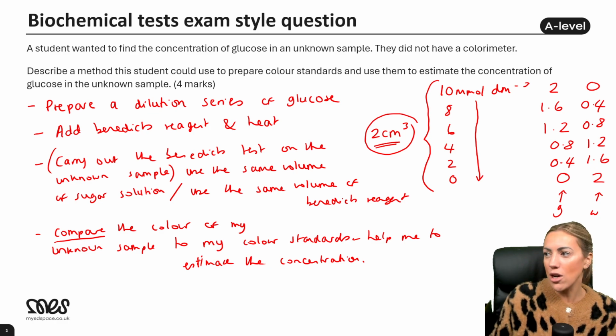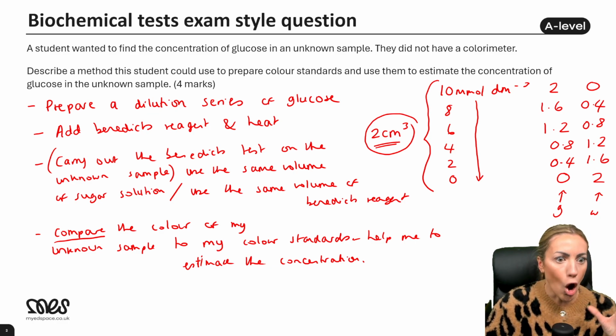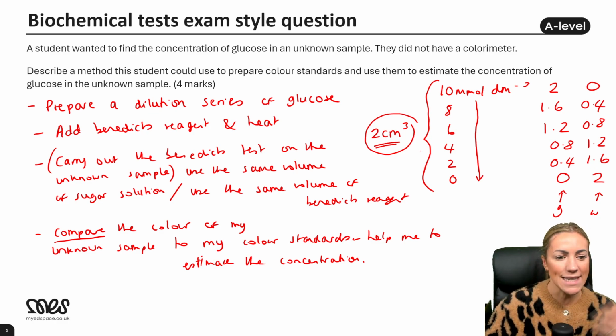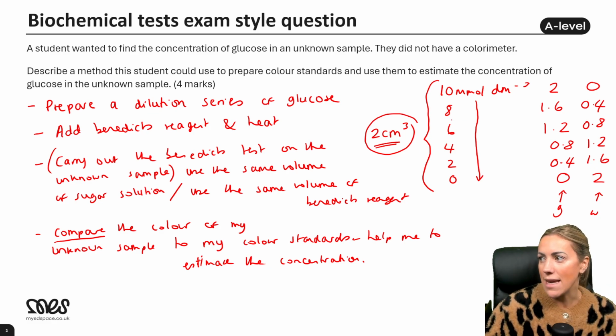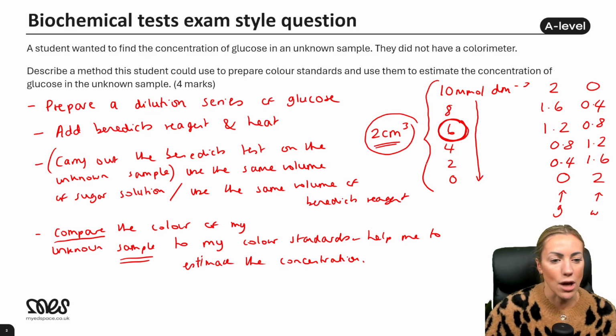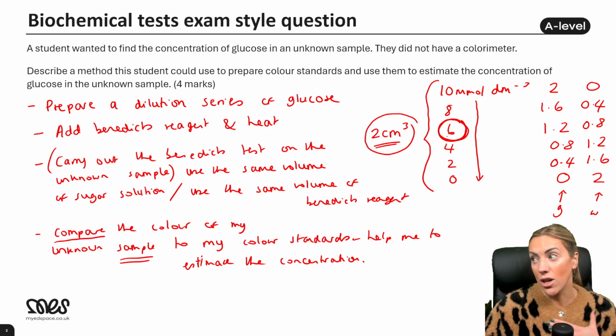So for example, if my unknown sample goes orange, and when I tested my colour standards, or when I tested my known concentrations with Benedict's, maybe it was this concentration that went orange. Okay, then I know that in my unknown sample, the concentration of glucose must be about 6 millimoles of glucose per decimeter cubed, because my unknown sample went orange, my concentration of 6 millimoles per decimeter cubed went orange.